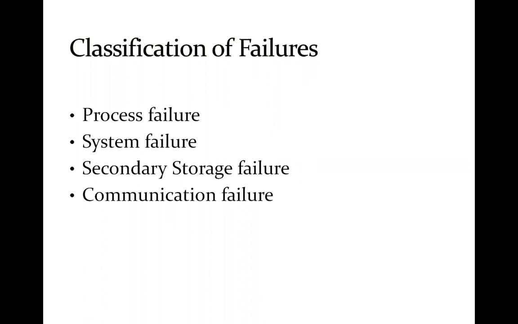And since it is a message passing system, the communication is done through message passing, so it may be possible that the communication is going to fail. So we have 4 kinds of failure which can occur in the distributed system.